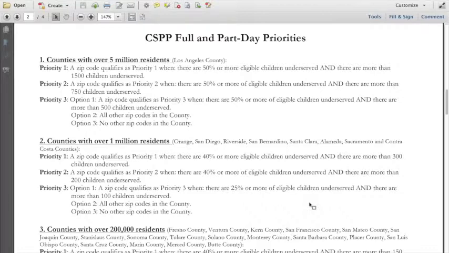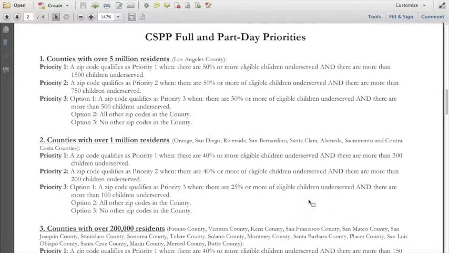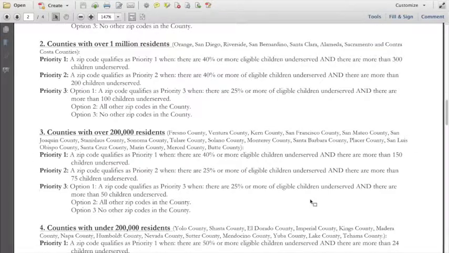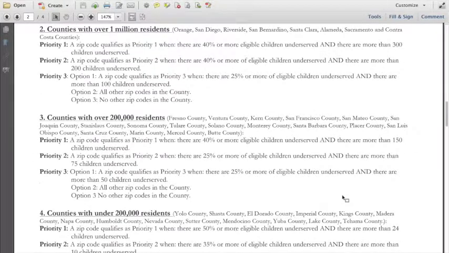So if I look at number 3, counties with over 200,000 residents, you can see which counties at that point in time those are, and that's my size in San Mateo.